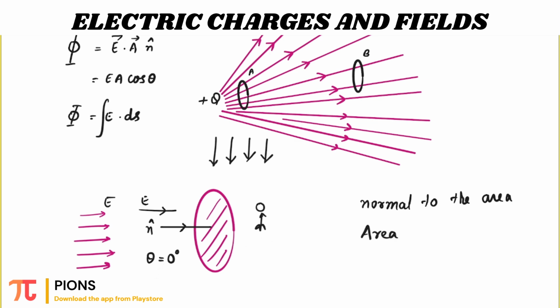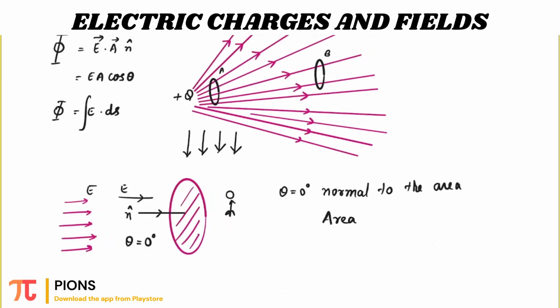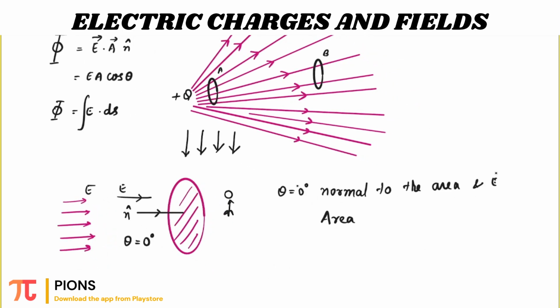Very crucial part. So theta is 0 degree in case you are finding the angle between normal to the area and electric field. Theta is 90 degree in this case between area and electric field vector.